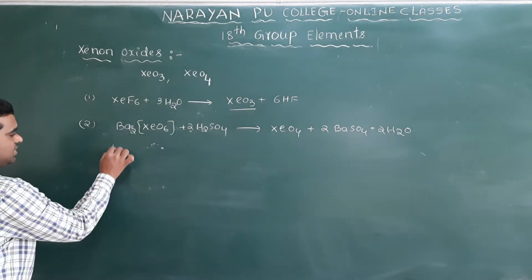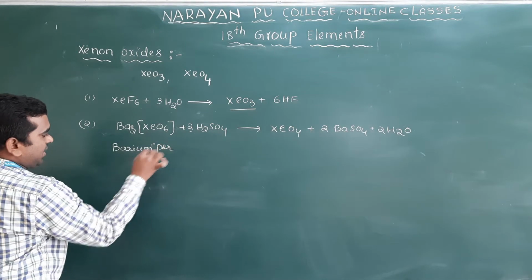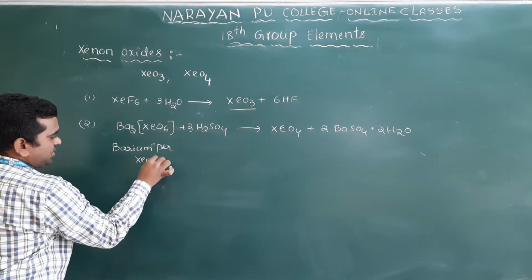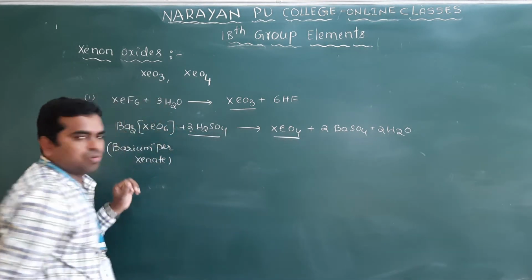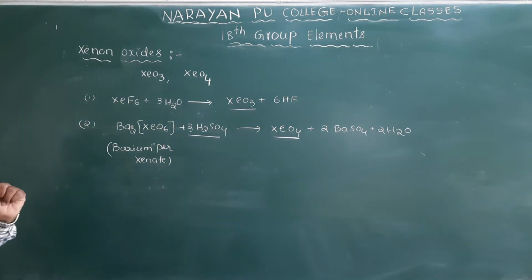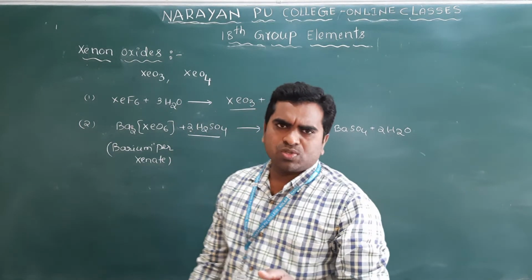Barium perxenate, whenever treated with H2SO4, gives XeO4. And very important here, XeO3 is a colorless explosive solid. It is very explosive. Clear?